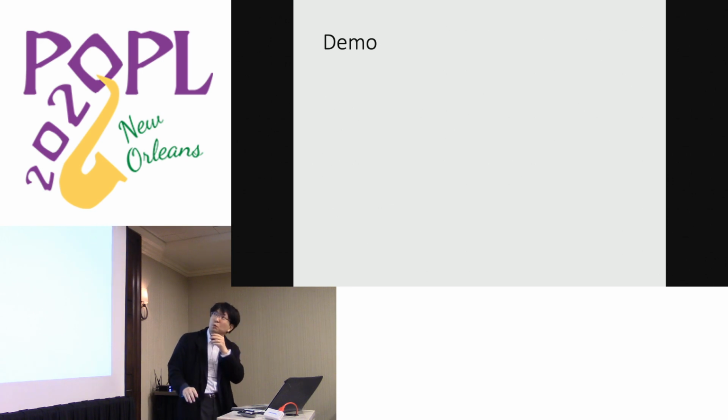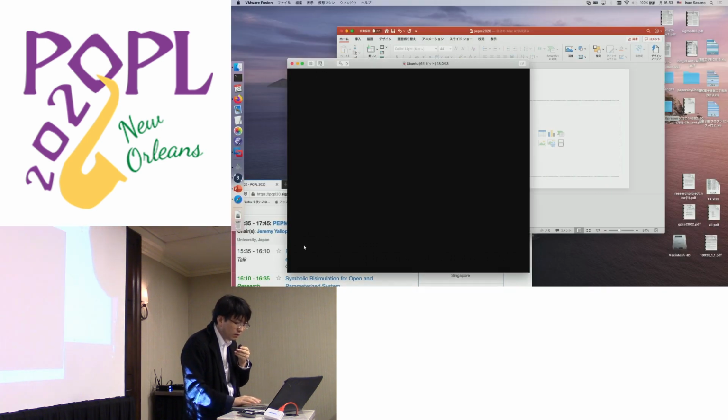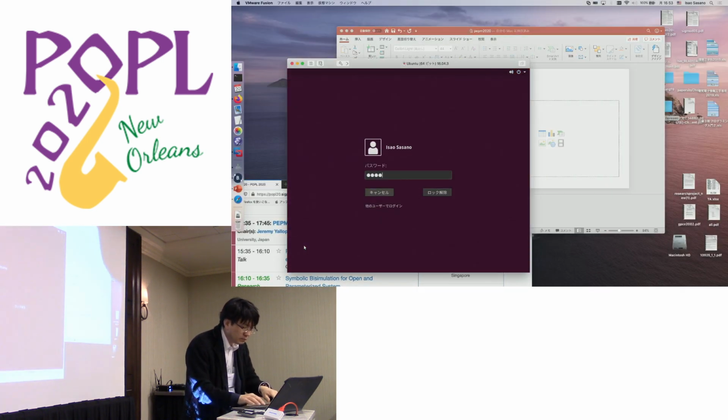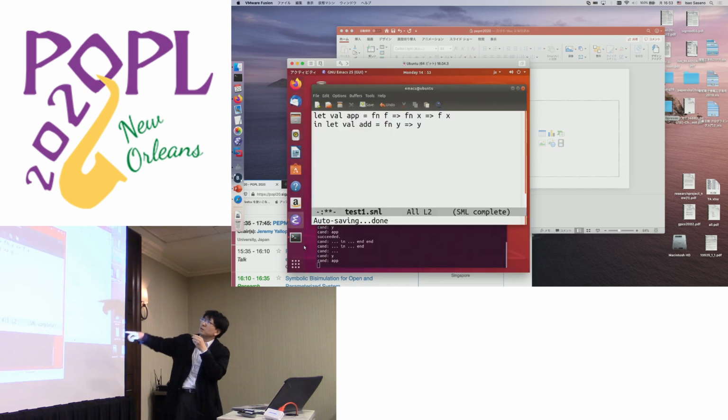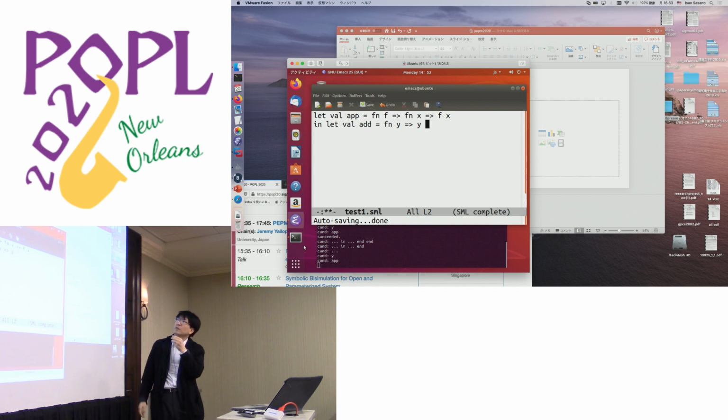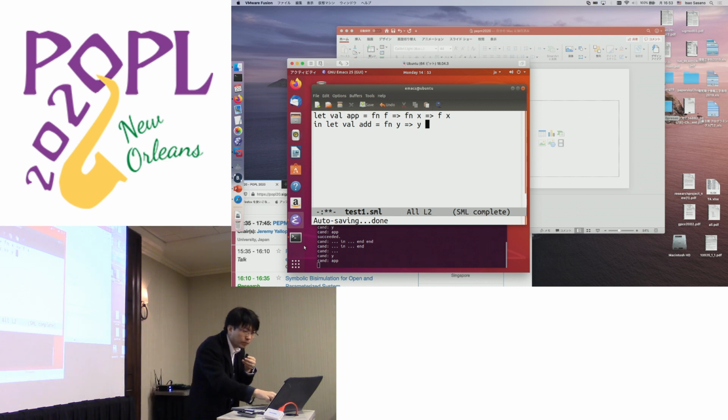Then I show one demo. I have implemented an Emacs mode, which communicates with the C program. So this is a partial program up to the cursor position in the Standard ML language. Then I push the tab key here.